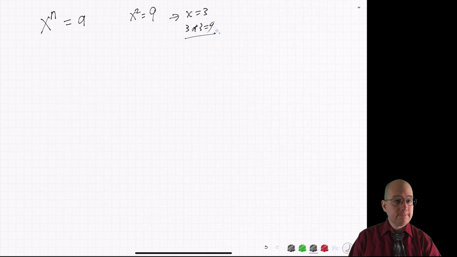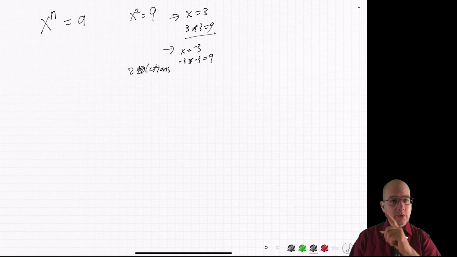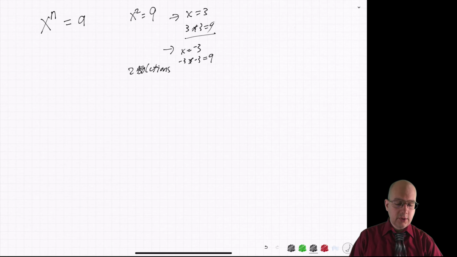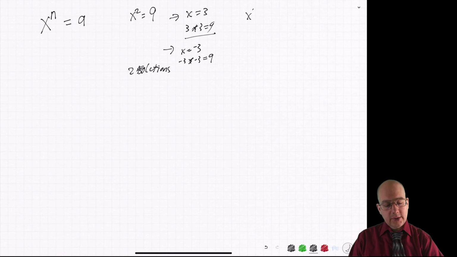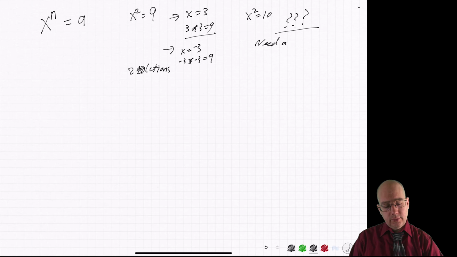We also could have x equals minus 3. Minus 3 times minus 3 equals 9. So 2 solutions. So that's new. The other stuff always had 1 solution. Now we've got 2 solutions. That's cool. x squared equals 10. Right? We don't know. There is no natural number that does that. There's no rational number that does that. We need a new number.